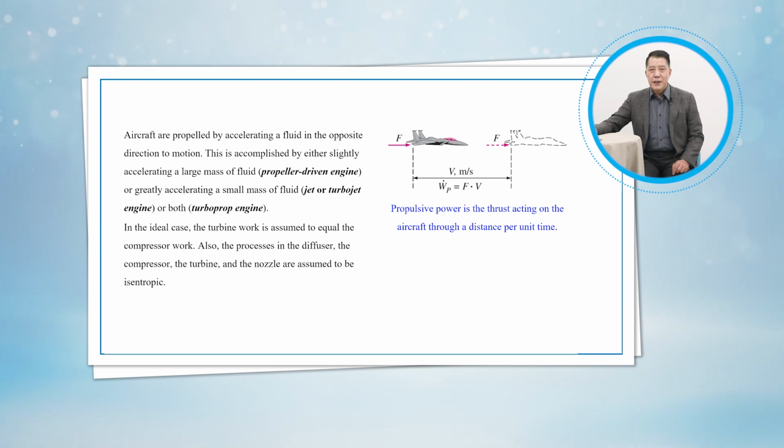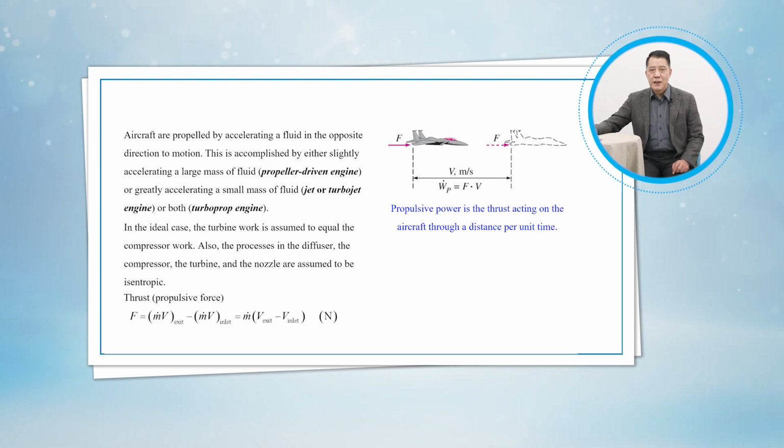In the analysis of actual cycles, however, the irreversibilities associated with these devices should be considered. The effect of the irreversibilities is to reduce the thrust that can be obtained from a turbojet engine.